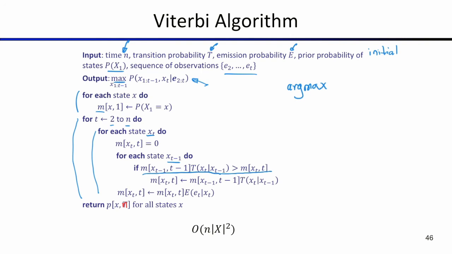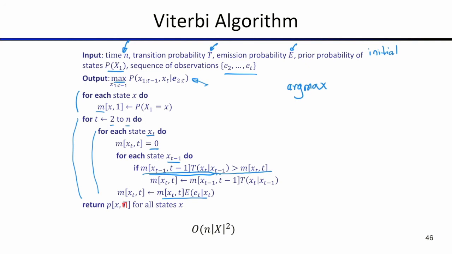For the first iteration, because we have stored the value 0, we're going to replace it, and we keep doing this every time that we find a larger multiplication like this. At the end, we need to multiply by the emission probabilities, and we do this for all the time steps.